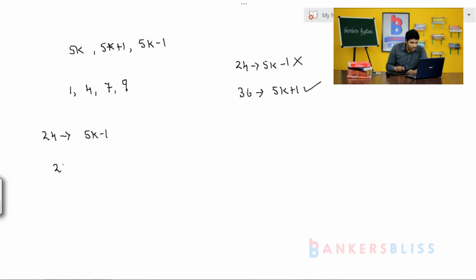But if you add 2 plus 4, which is equal to 6, 6 doesn't come in this group. Therefore, 24 is not a perfect square number.